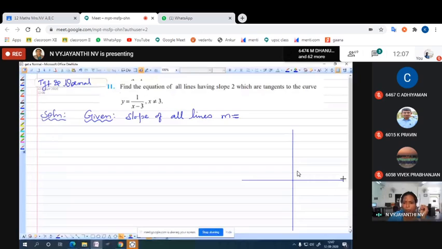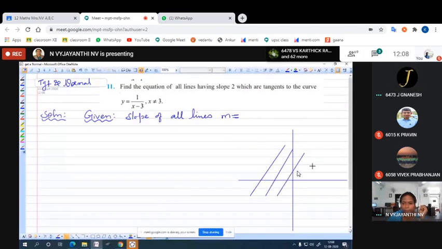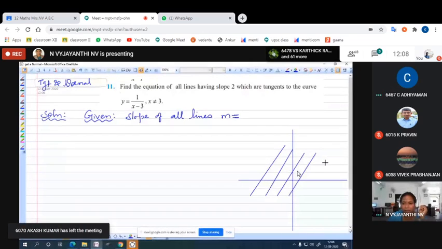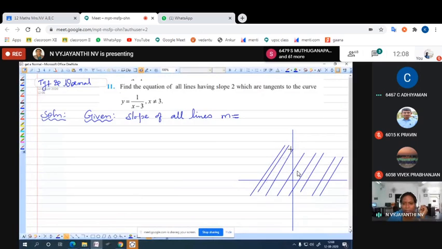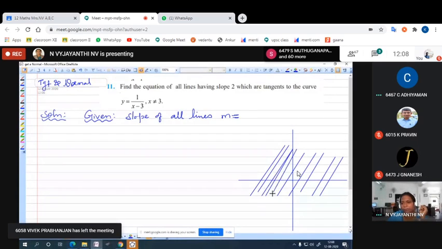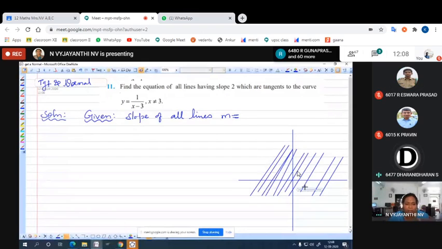How many lines can have slope as 2? Many lines. With the same slope, how many lines can we draw? Infinitely many lines.